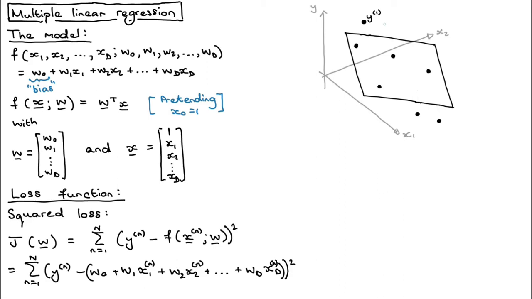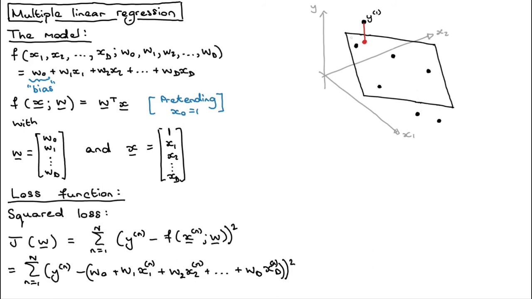It will basically be, let's take the first data point here, y1, and let's say our model is defined according to that plane. So the prediction, given the input features corresponding to y1, might be somewhere here on the surface. And then this will be the error or the mistake that we're making.